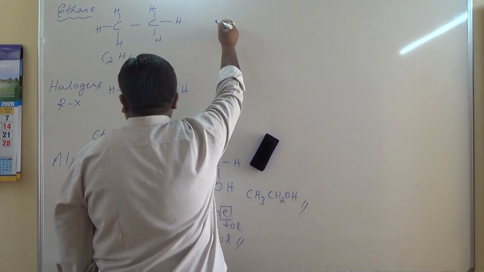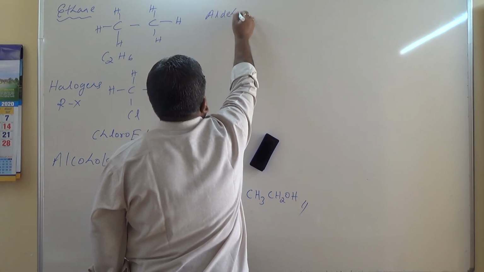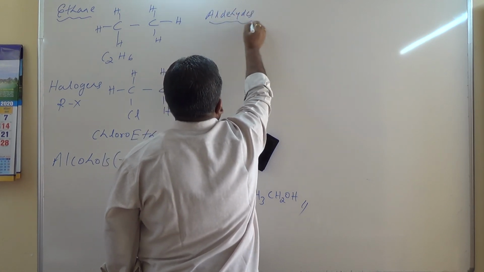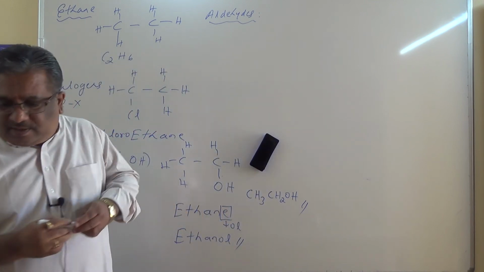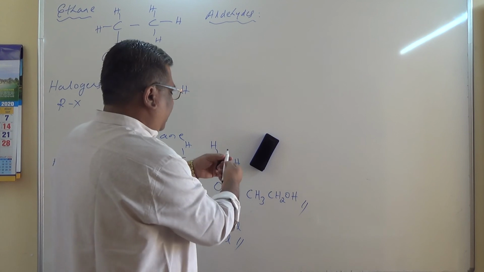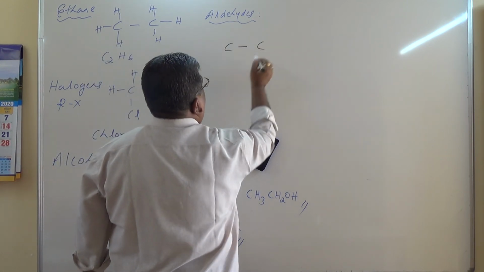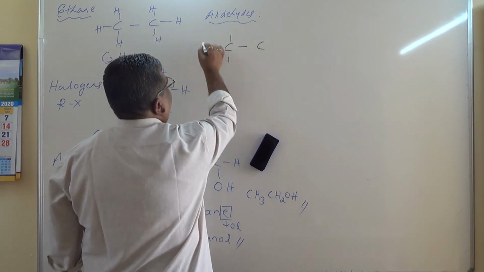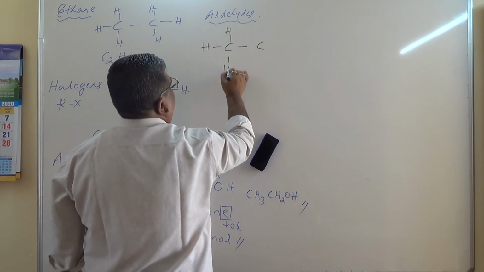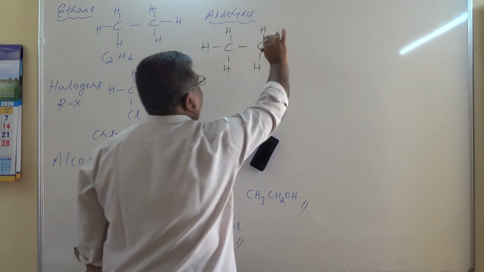Next, third one, aldehydes. Okay, aldehydes. See here, C single bond. Let us balance first with H. This is ethane.